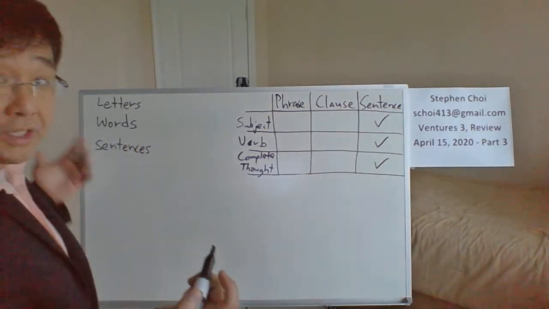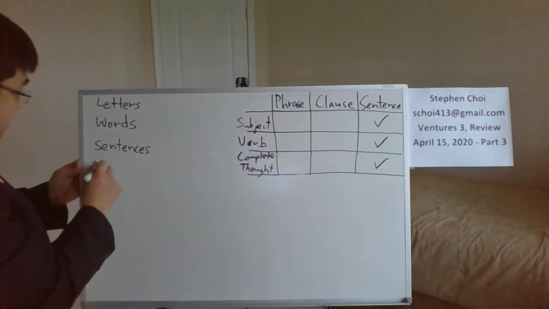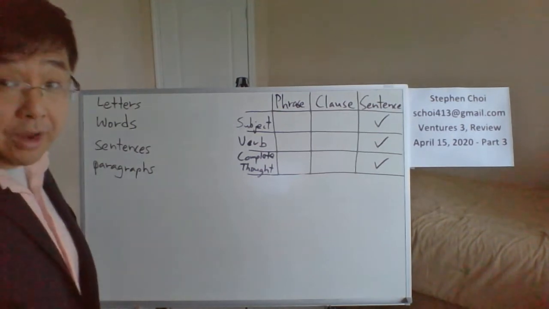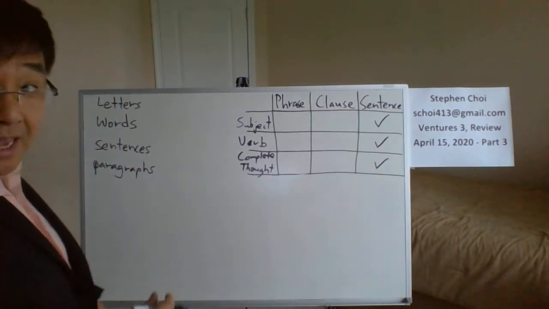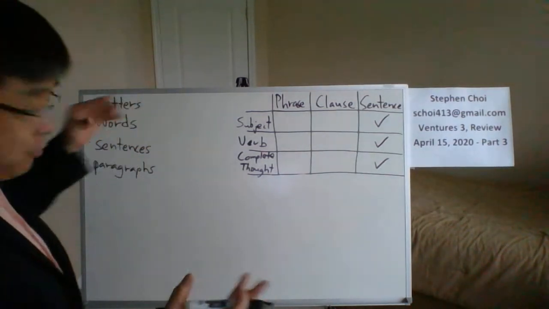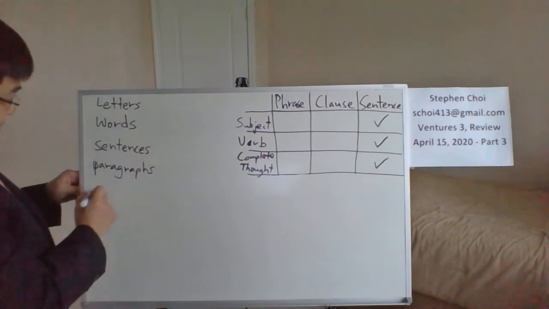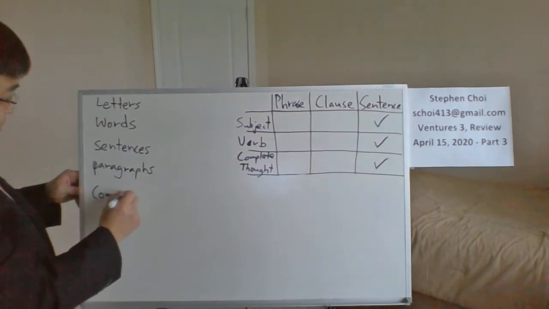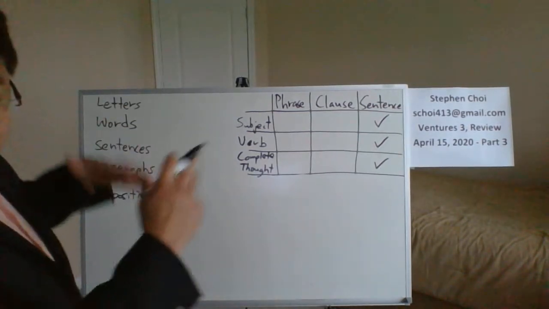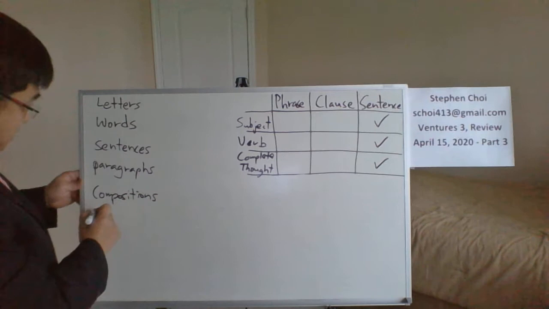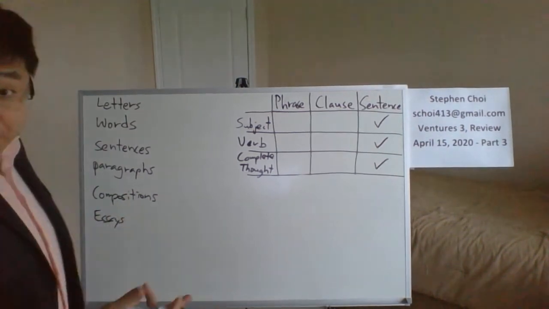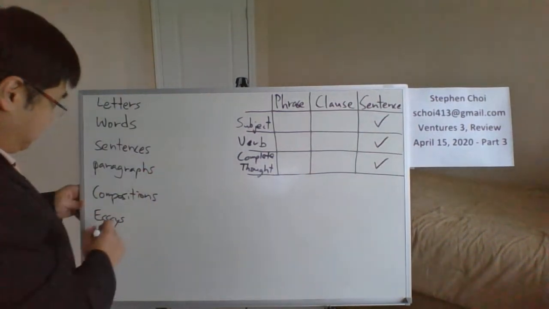When you have two or more sentences, you have paragraphs. And when you put paragraphs together, you have a composition, or compositions. And then what's bigger than a composition? It could be short stories, essays, novels, books, whatever. So on and so on.